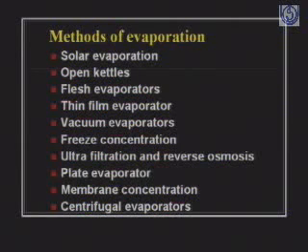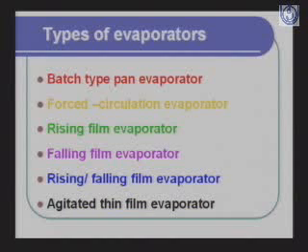Then plate evaporators, which are a type of heat exchanger evaporator. Then membrane concentration, and then centrifugal evaporators. So many different types of evaporators are available that can be used for evaporation.